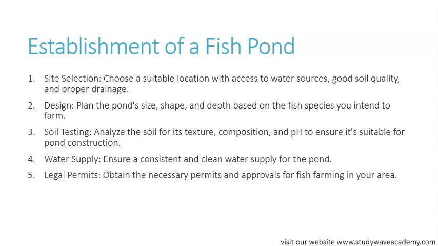Okay, so the process includes site selection. Choose a suitable location with access to water sources, good soil quality, and proper drainage. You pick a suitable place with clean water, good soil, and proper drainage.